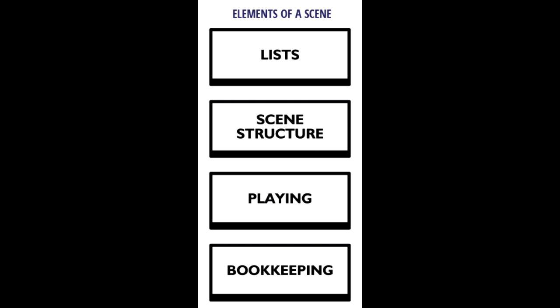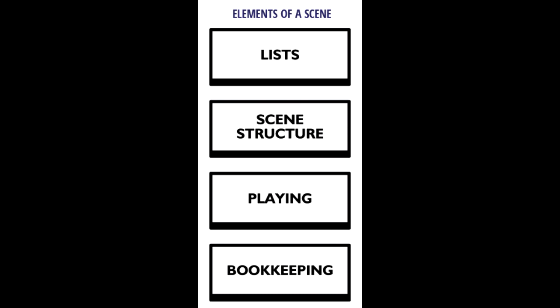Let's talk about the elements of a scene. You have lists, which are a collection of adventure goals to pursue and characters to interact with. You also have the scene structure. This is the way you determine the beginning and end of a scene. Besides the first scene, there are 3 kinds of scenes: expected, altered, and interrupt.